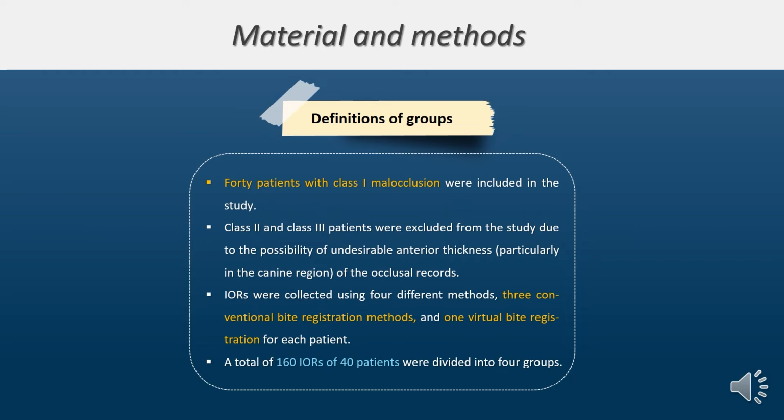IORs were collected using 4 different bite registration methods for each patient. 3 were done by traditional means and 1 was by virtual means. So, this results in a total of 160 IORs for 40 patients, which were divided into 4 groups.